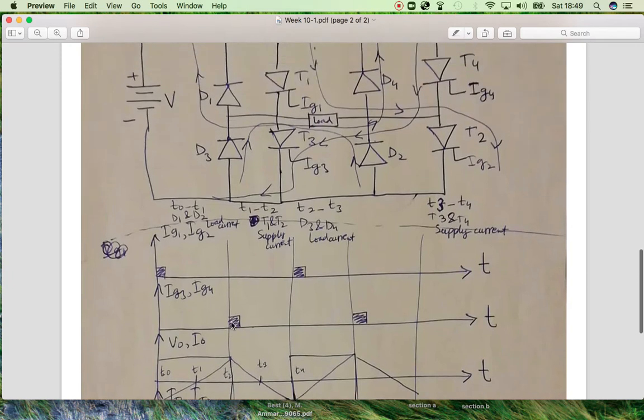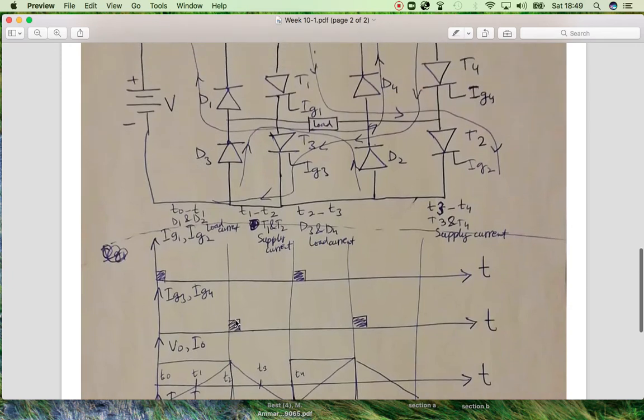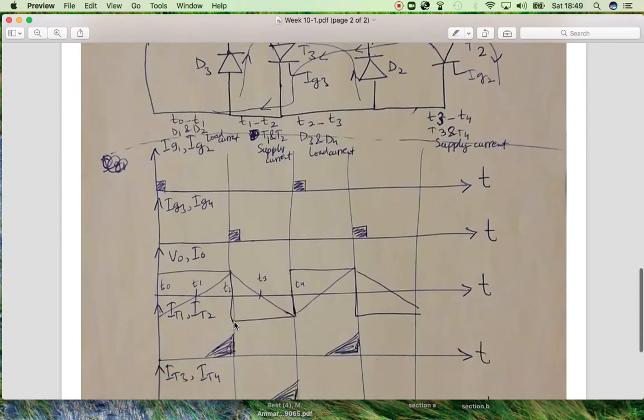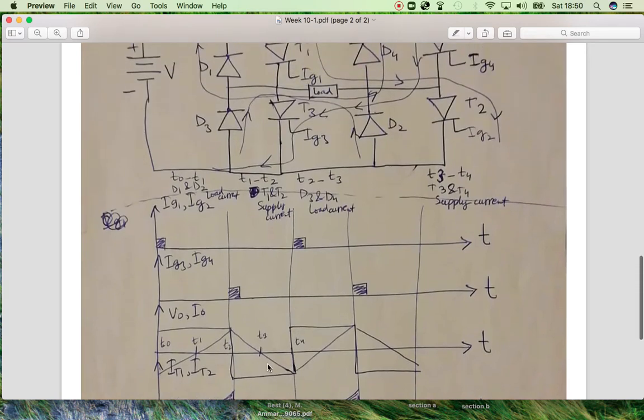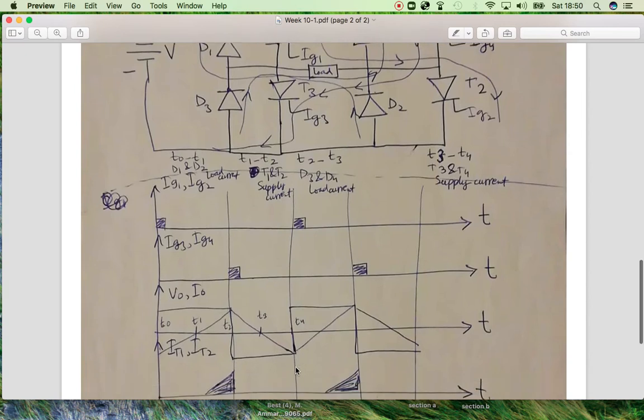And when we provide gate pulse to the third and the fourth thyristor, then the voltage appearing across the load will be a square wave equal to minus V naught, and the current will also be a square wave if we have a resistive load.